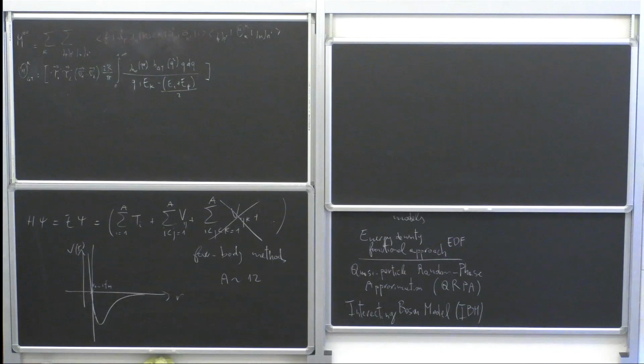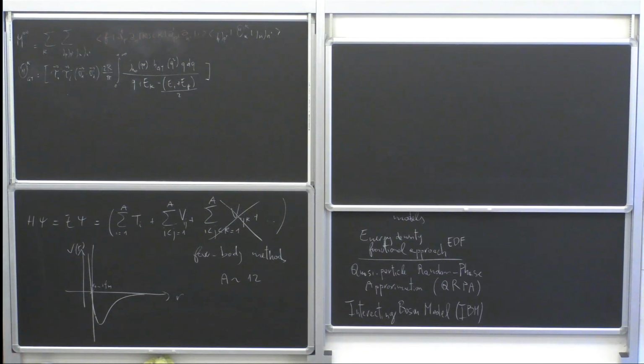Knowing this, using the quasi-particle random phase approximation, you move from the picture of nucleons as particles to quasi-particles. This makes the calculation quite easy to solve, almost analytically through a set of coupled equations.